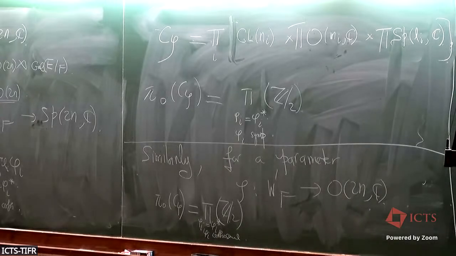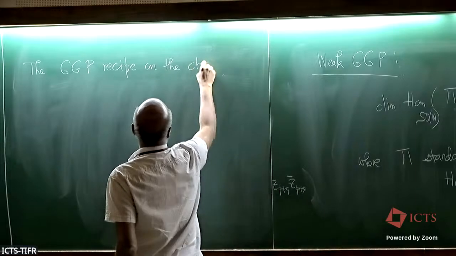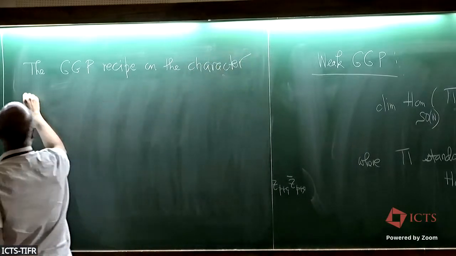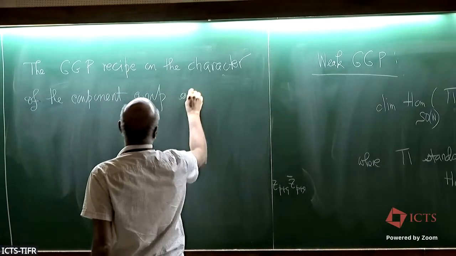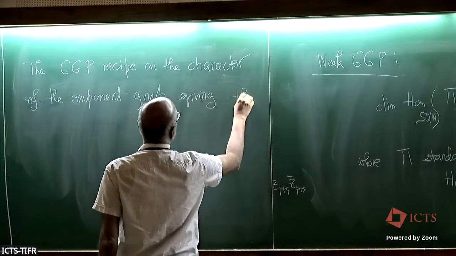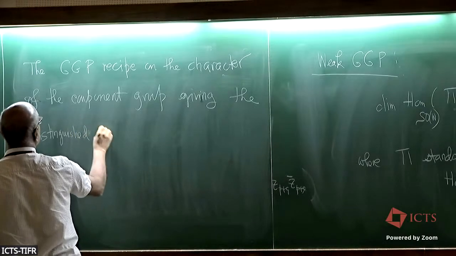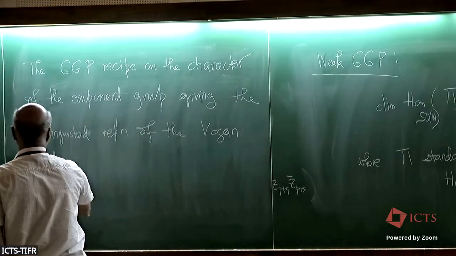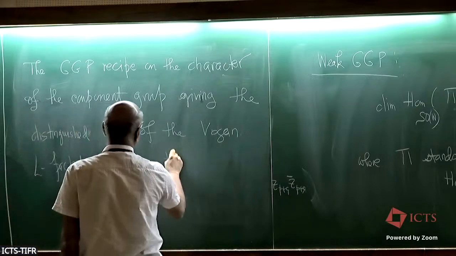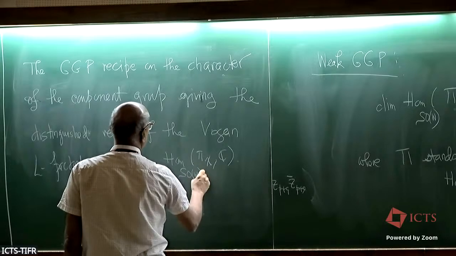So let's call this the GGP recipe on the character of the component group, giving the distinguished representation of the Vogan L-packet, such that Hom of pi_chi, C over SO(W') is non-zero.